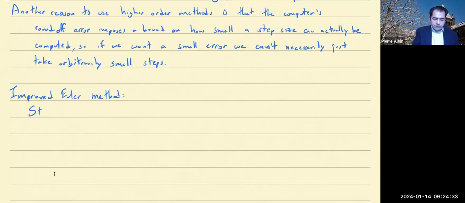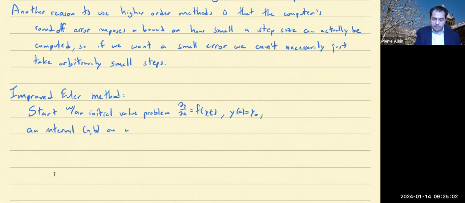Okay, so just as with the Euler method, we're going to start with an initial value problem. dy/dt is equal to f(y, t), y(a) is y naught, and an interval [a, b] on which we seek an approximate solution.